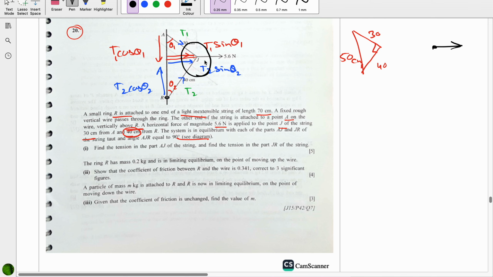So may I say that 5.6 is equal to T1 sine theta 1 plus T2 sine theta 2. One equation, and the other equation would be that T1 cos theta 1 is equal to T2 cos theta 2. Any objection?